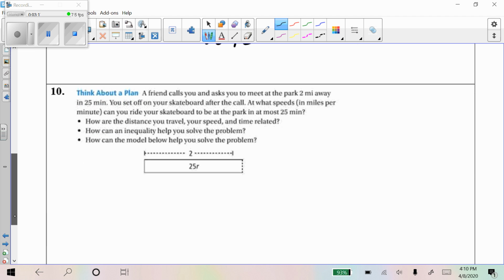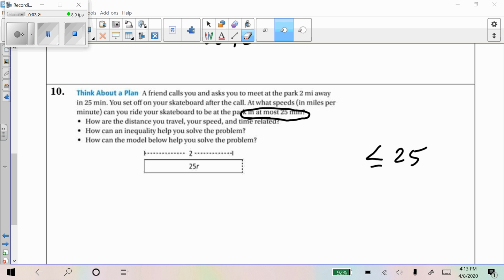Then the last one, somewhere in here, here it is. It says at most 25 minutes. That means less than or equal to 25 minutes. So on this diagram, this 25 times r right here represents your rate times time, which is one way to get your distance, 25r.